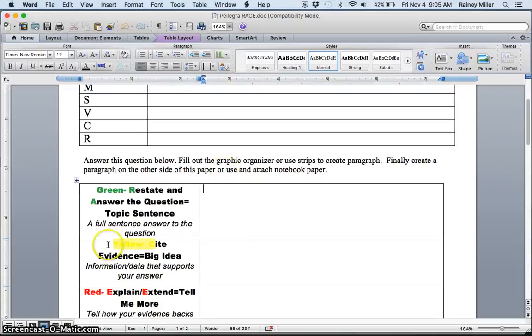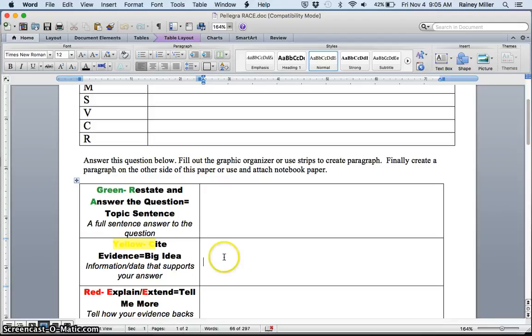So now the next one is yellow, cite evidence, the big idea. So in science, we can't just say, yeah, it's true because it's true. I have to have something to back it up. I have to say something that will prove it. So I can't just say that a Tootsie Pop takes 1,500 licks in order to get to the center. I actually have to have data to back it up.